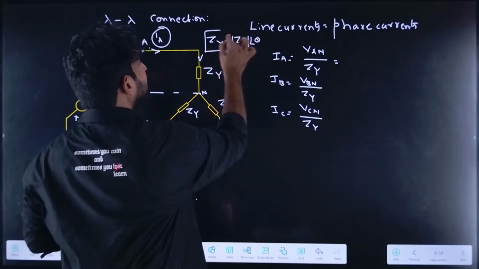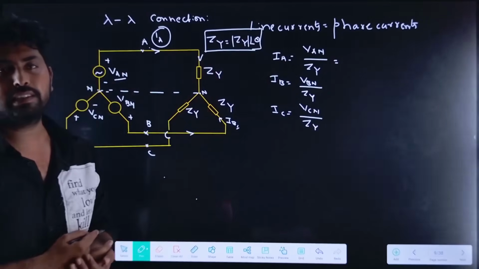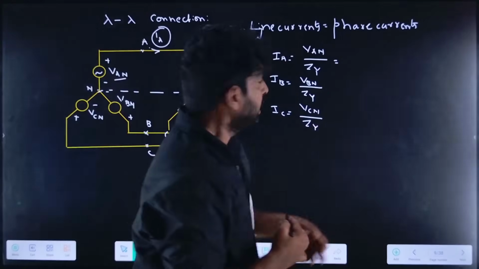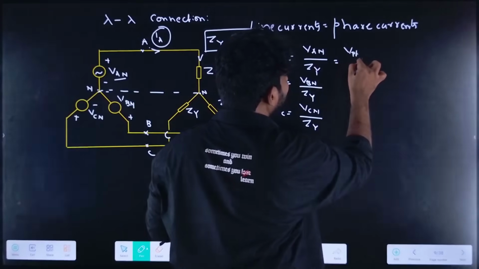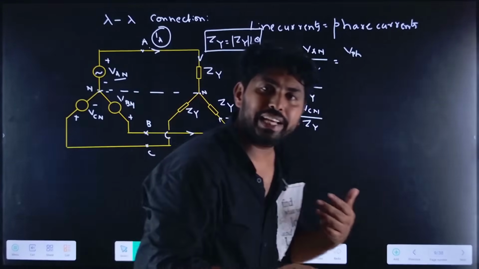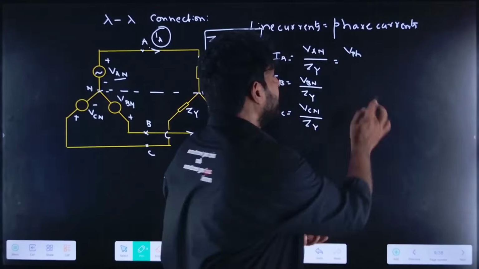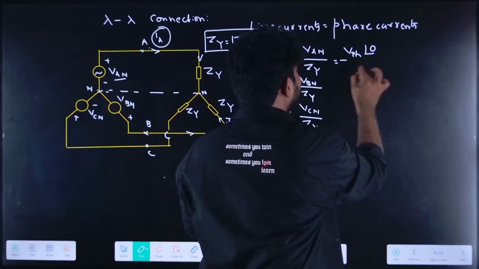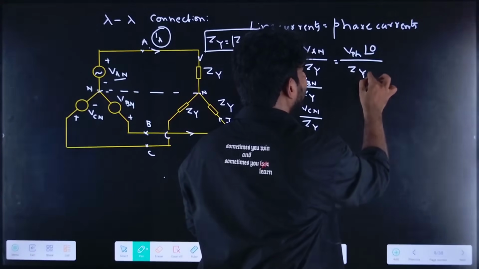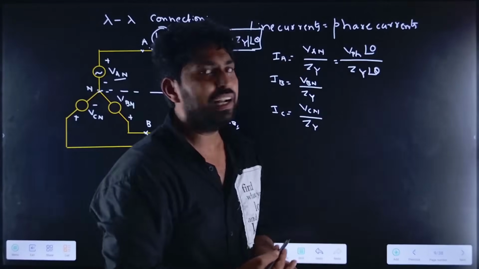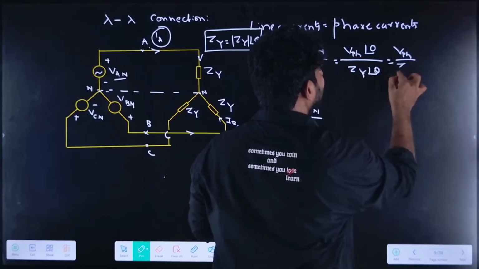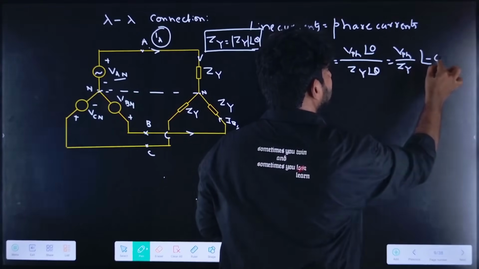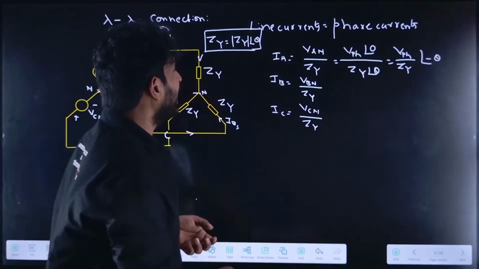Taking VAN as a reference, IA equals V phase at an angle 0 divided by ZY at an angle theta, which is V phase by ZY at an angle minus theta.